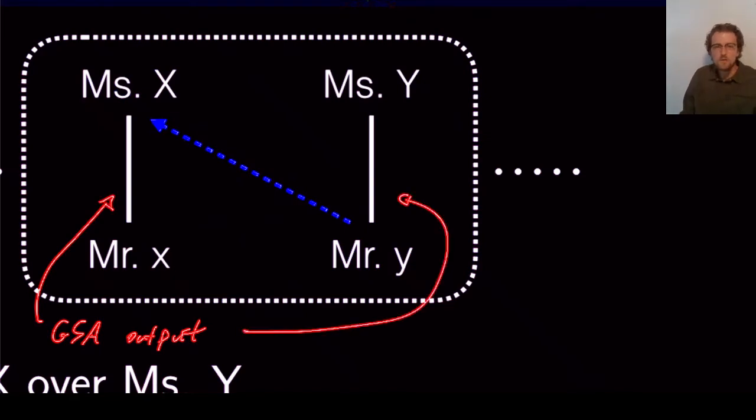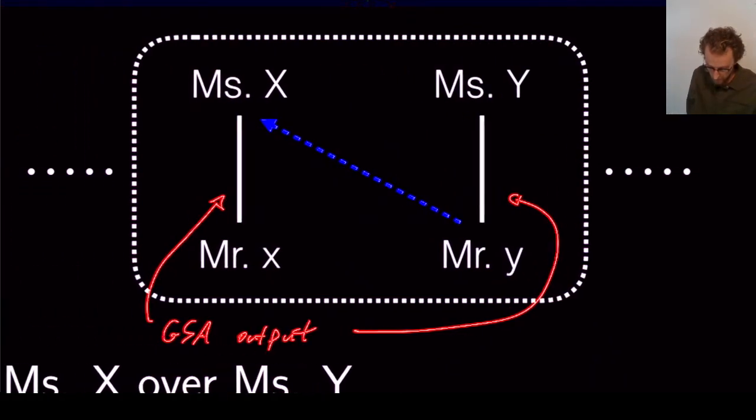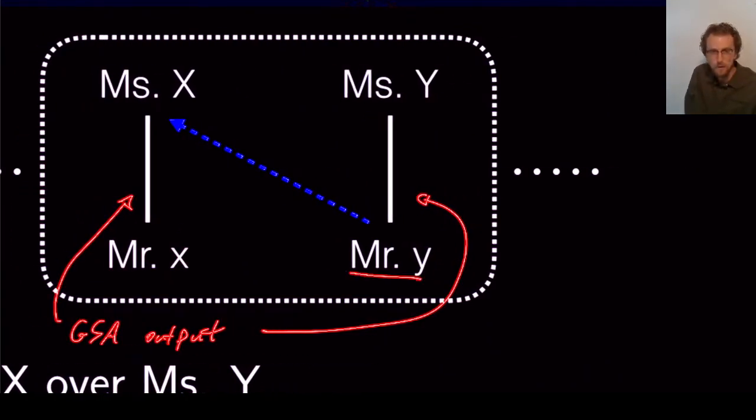But suppose that Mr. Y, the guy down here who's matched to Ms. Y, is unhappy with his match, in the sense that he wishes he had been matched with Ms. X. That's what the blue dotted line means. He's matched to someone, but he wishes he had been matched to Ms. X.